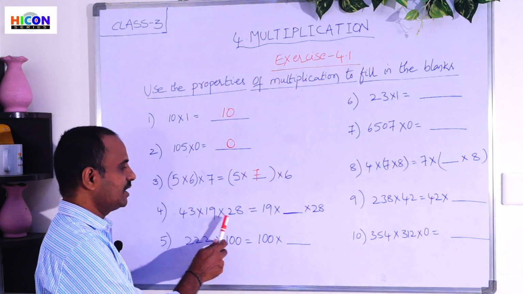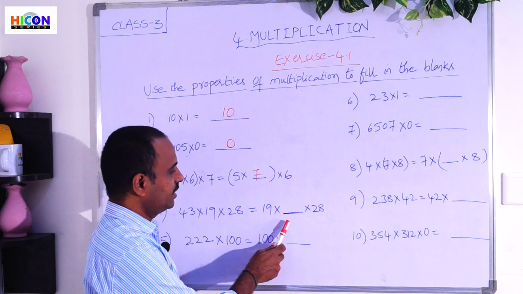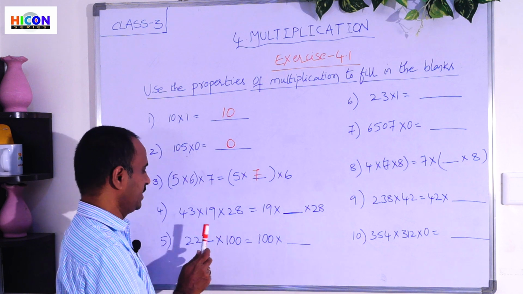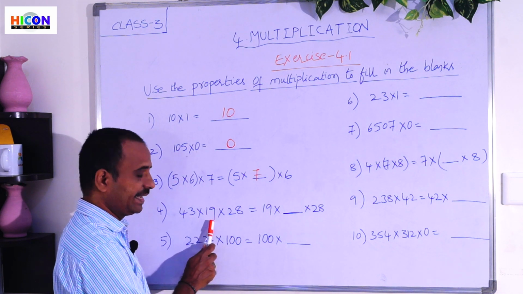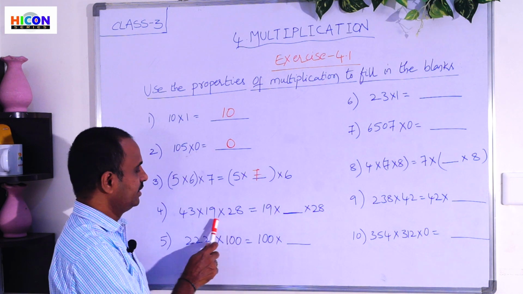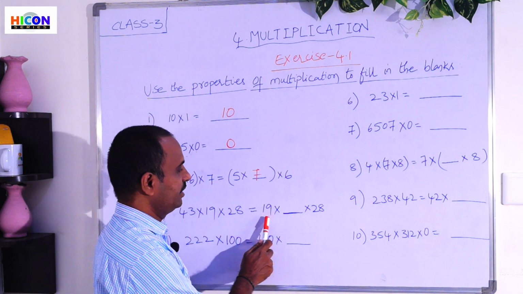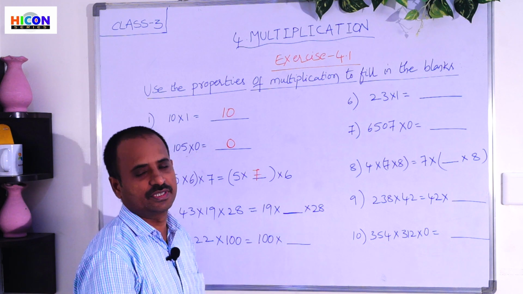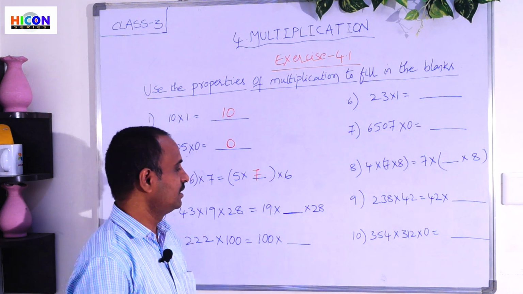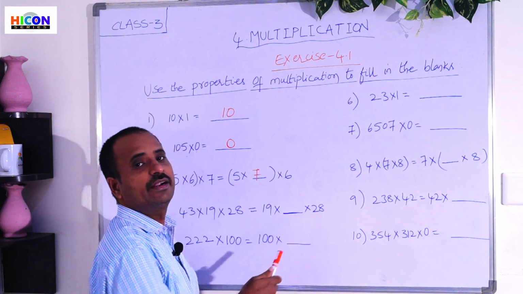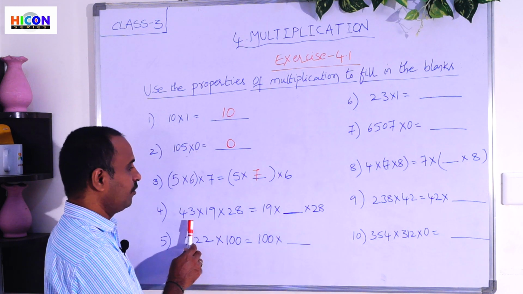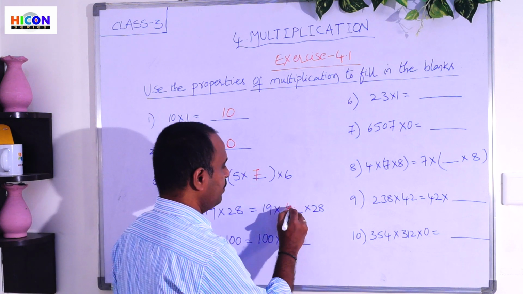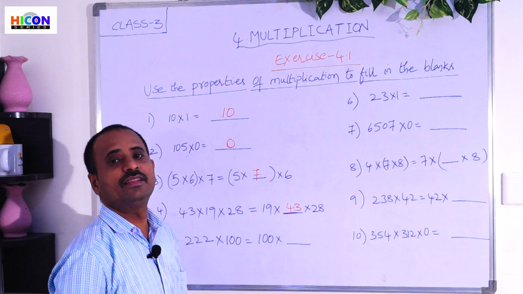Among the three numbers 43, 19, 28, only two numbers are given and the third number is missed. 19 and 28 are given, but 43 is missed here. So write 43 in the blank.